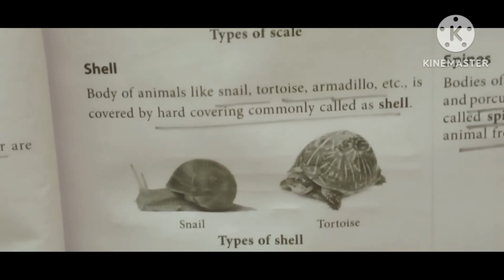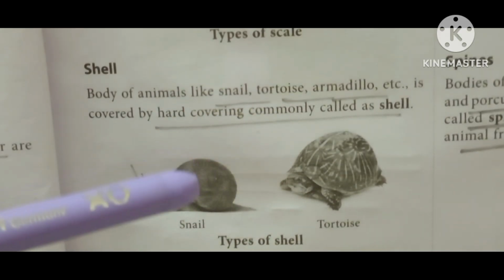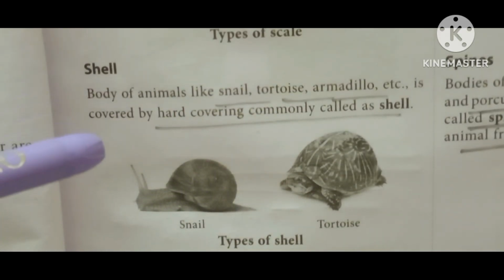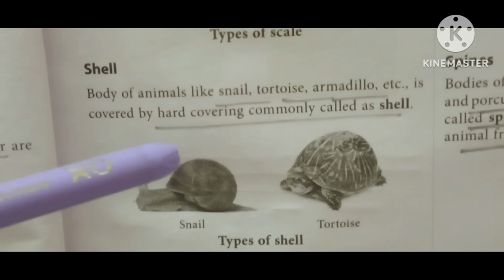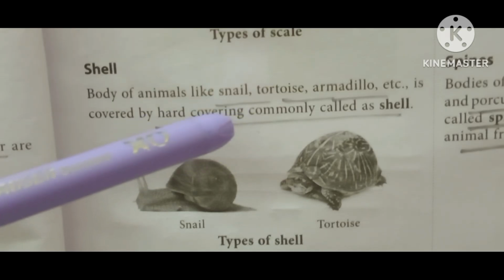Next, after cuticle and scales, the next term you should know is shell. The bodies of animals like snails, tortoises, and armadillos are covered with a very hard covering, commonly called shell.